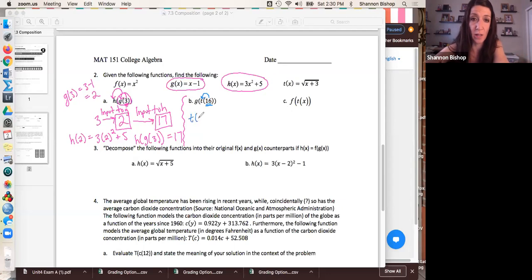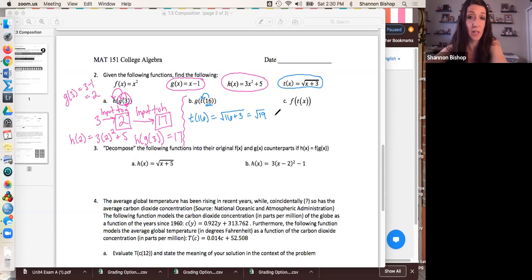So what is t of 16? Well, here's my formula called t, and I now have to plug 16 into that. So t of 16 is the square root of 16 plus 3, which is the square root of 19.